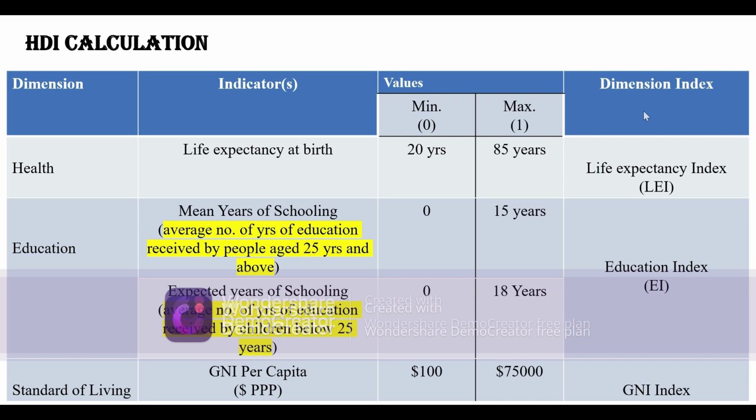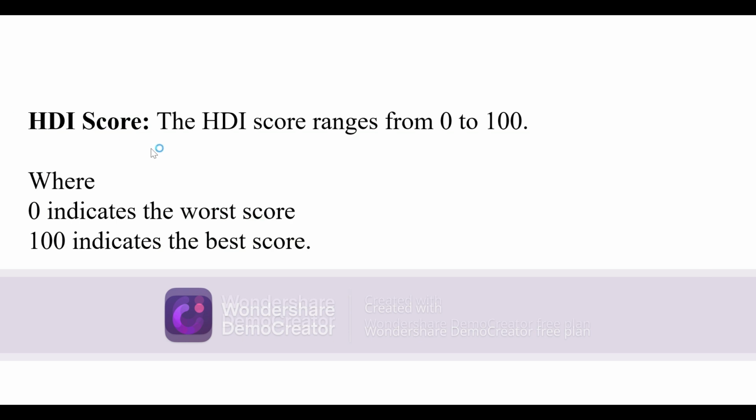dollars. So the dimension indices are here: the life expectancy index, which we derive from life expectancy at birth; the education index, which we derive from the two education indicators; and the GNI index, which we get from standard of living. The HDI score will range from 0 to 100, where 0 indicates the worst score and 100 indicates the best score.